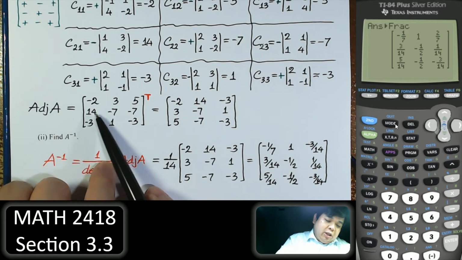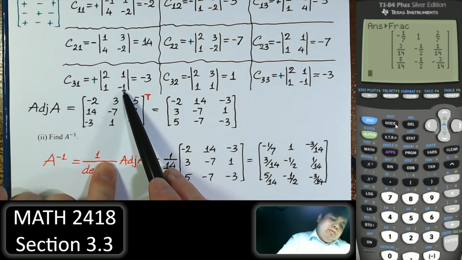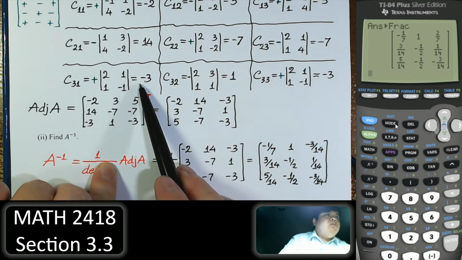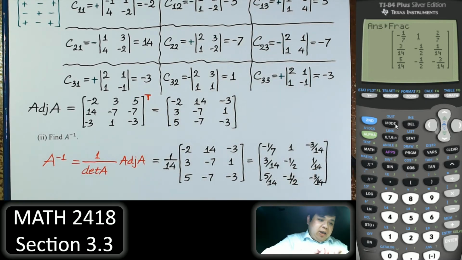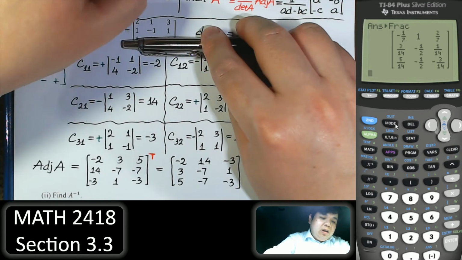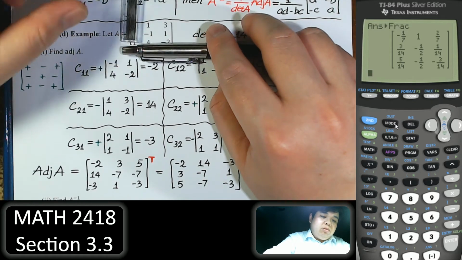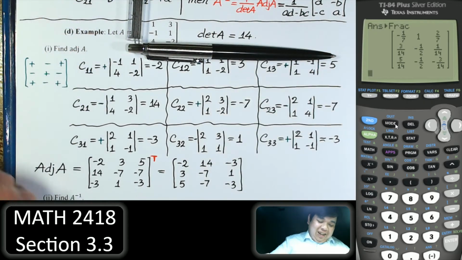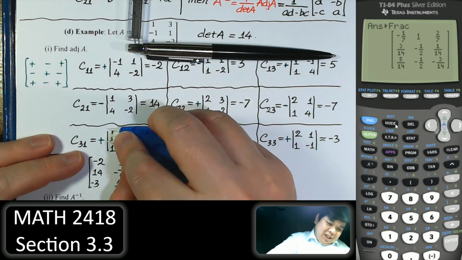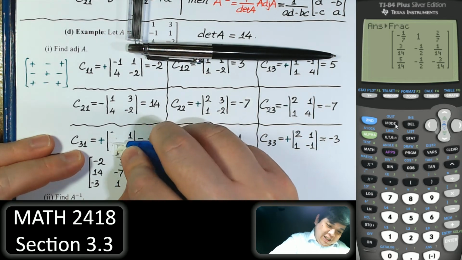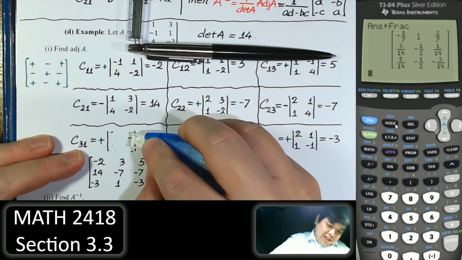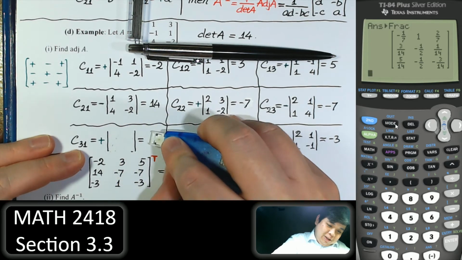Negative 2 over 14. That is negative 2, negative 1. Oh, wrong number. It's completely off here. Right.